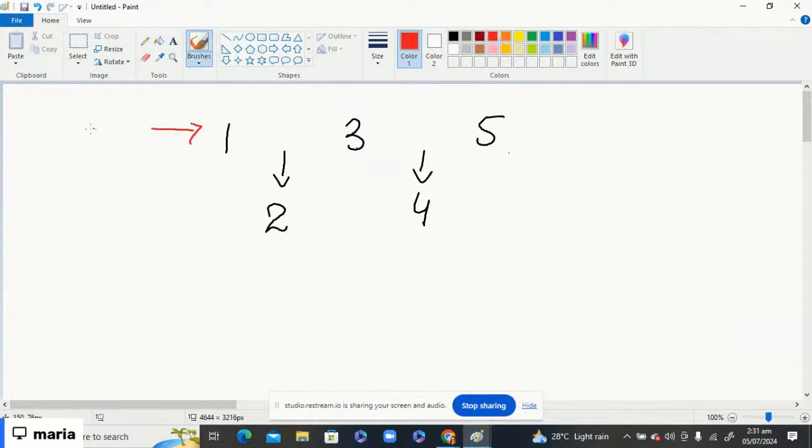So this line is for odd, and this line is for even. After 5 is 6, so 5 and 6. What's next? That is 7. So 1, 3, 5, 7 are odd, and 2, 4, 6 are even.